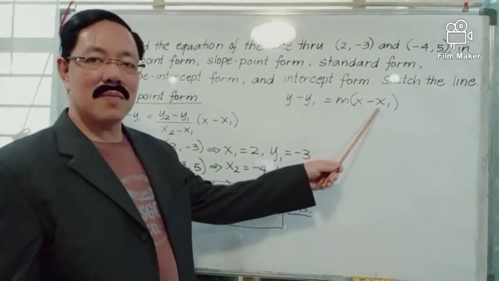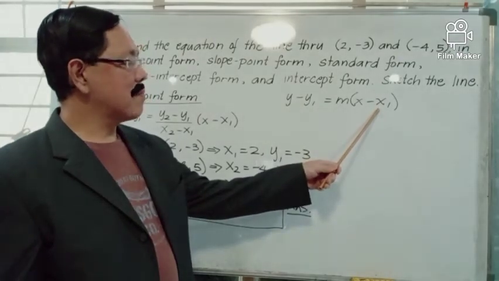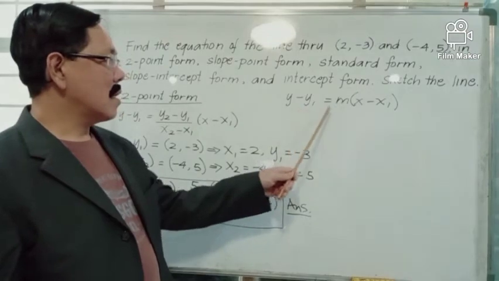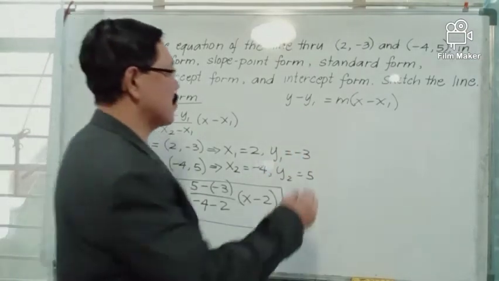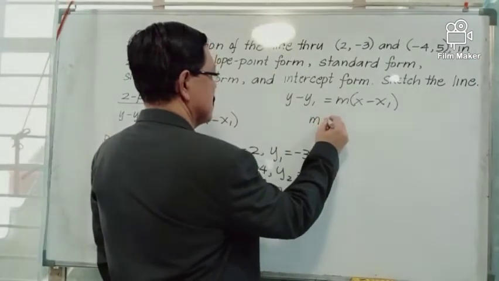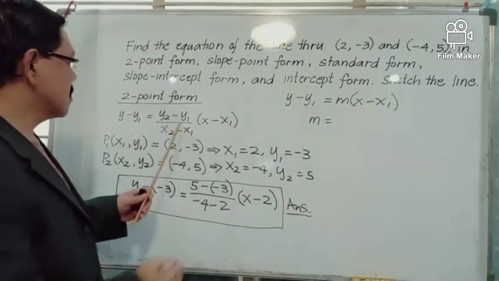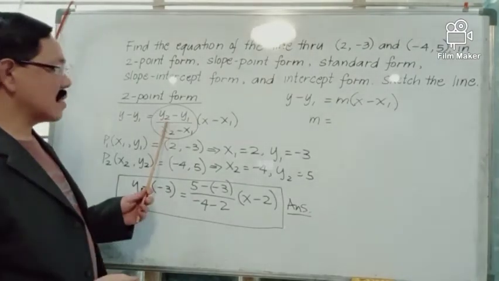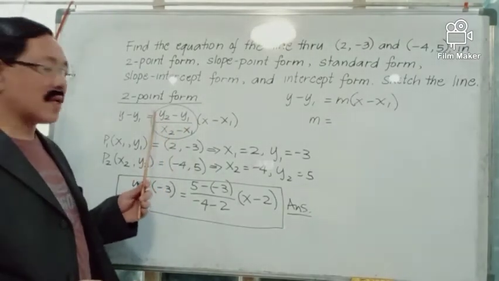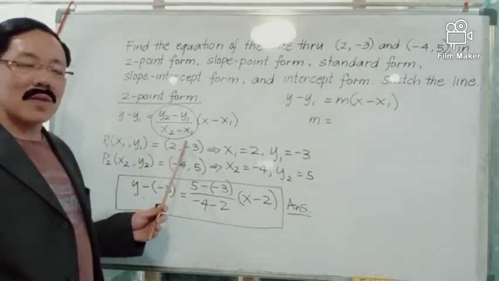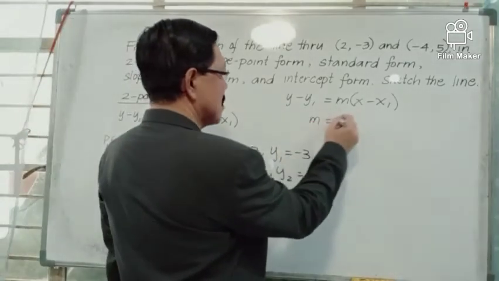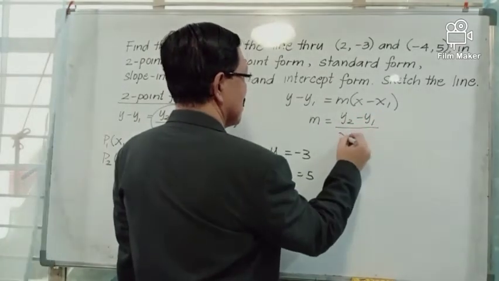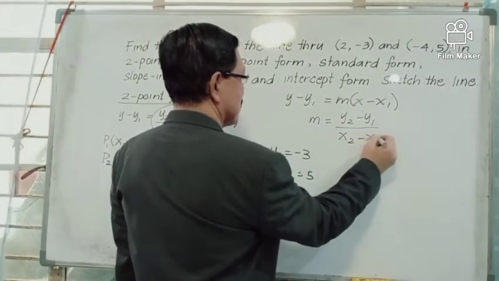One point is given. The first point P1 with coordinates x1 and y1. And m here is the slope, which is given by this, the ratio of the difference of the ordinates and the difference of the abscissas. The slope m is y2 minus y1 divided by x2 minus x1.